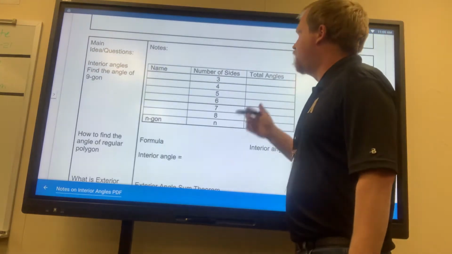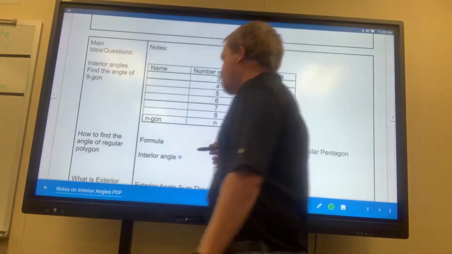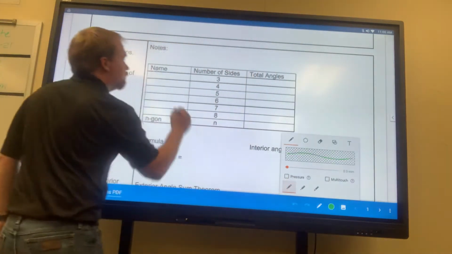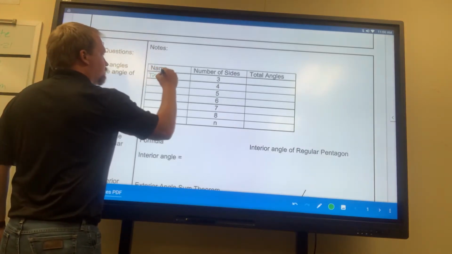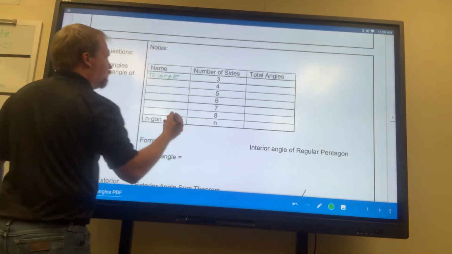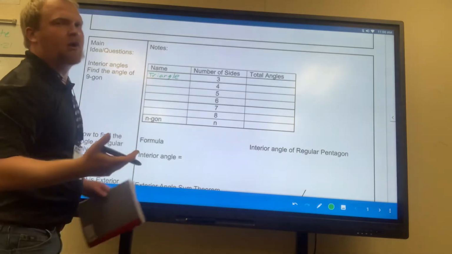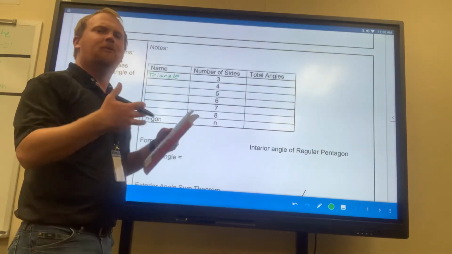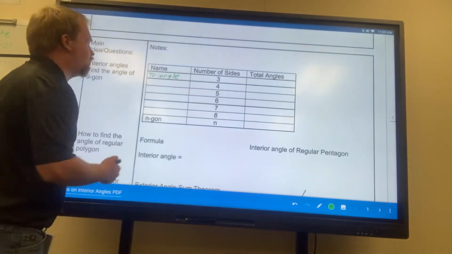So for example, a three-sided figure, we know that to be a triangle, and a four-sided figure, more often than not, you hear rectangles and squares, but by pure definition, they're quadrilaterals.